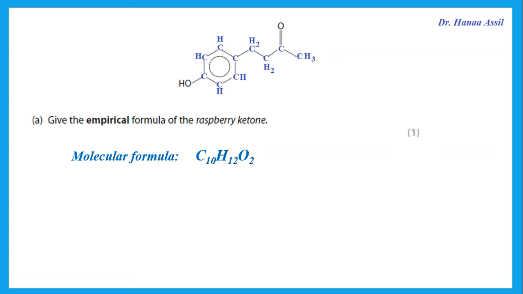That is the molecular formula. Now, to get the empirical formula, we said we simplify the ratios. It is the formula showing the simplest ratios. So here the carbon, hydrogen, oxygen is 10 to 12 to 2. If you simplify that, the empirical formula is C5H6O.